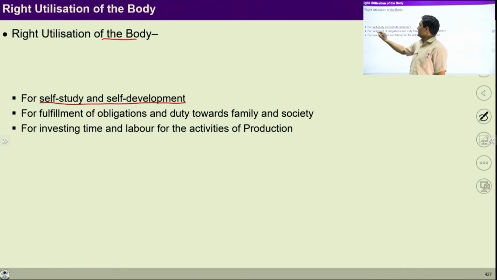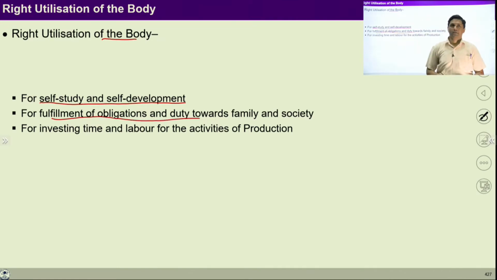Then second, with the help of this body, we can ensure fulfillment of obligations and duties towards family and society. As we studied in previous lectures, we have some duties and obligations towards family, towards society, towards nature, towards existence, and we have to fulfill all those duties and obligations.